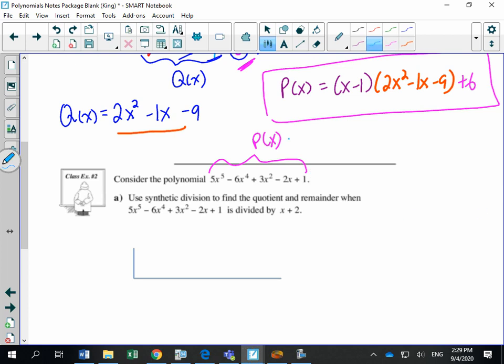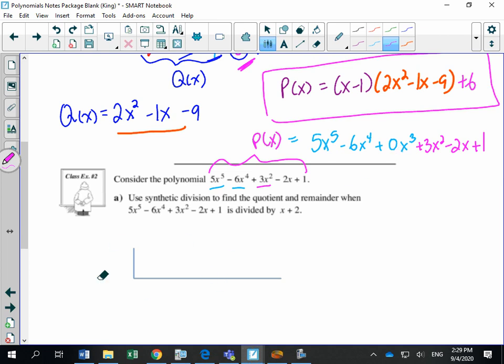So my polynomial written with the 0 as the placeholder is going to be 5x to the 5 minus 6x to the 4 plus 0x to the 3 plus 3x squared minus 2x plus 1. Okay, that is my polynomial function written in descending order of x, and I have a 0 as a placeholder in there.